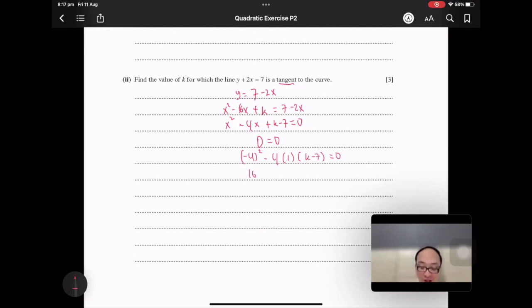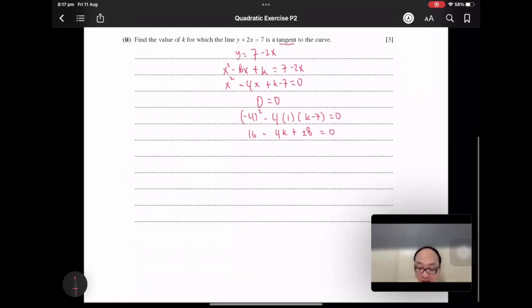So 16 minus 4k plus 4 times 7, 28, equals 0. So 44 minus 4k equals 0. So k equals 11.